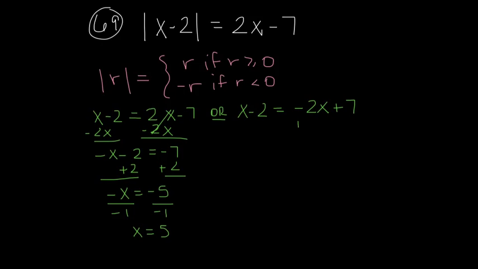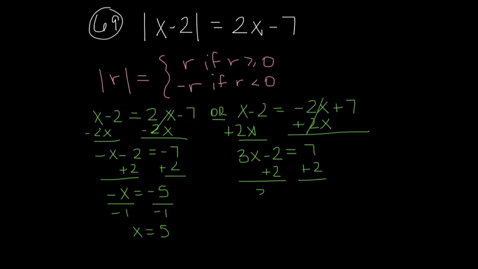Or, over here, I could add the 2x to both sides and get 3x minus 2 equals, my 2x's cancel, 7. Add the 2 to both sides, and I'm left with 3x equals 9. Divide by 3, and I get that x is equal to 3. X equals 5 and x equals 3 are possible solutions.